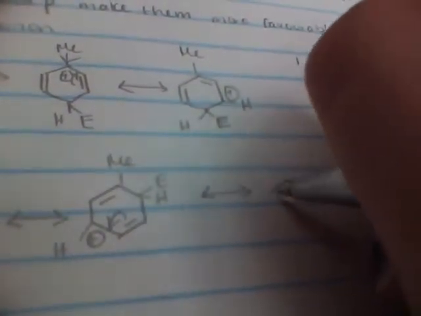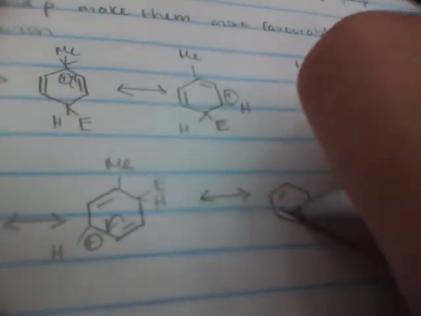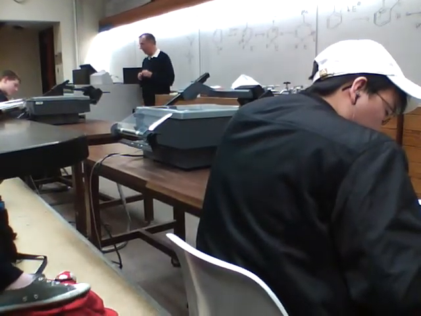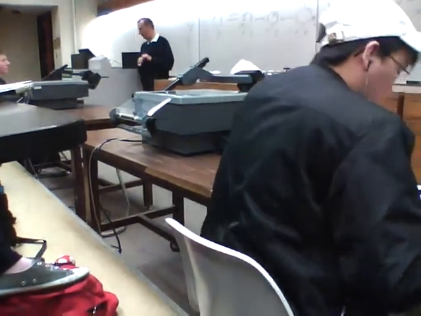Now I've written down what I anticipate will be the intermediate species for attack at the para position to the methyl substituent, and I've written down what I anticipate will be the intermediate species for attack at the ortho position. And now I'm going to write down the intermediate species that I anticipate would be formed if the attack occurs at the meta position.